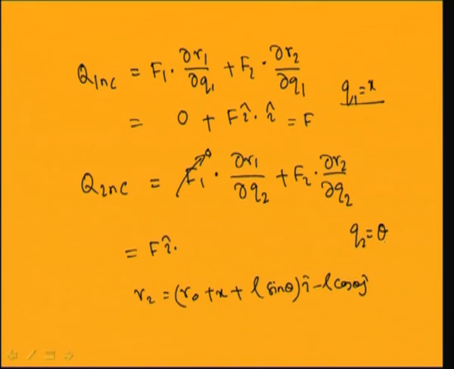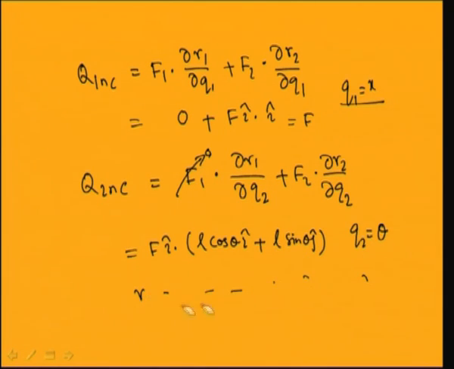Differentiating with respect to theta, the first two terms give 0, and L sin theta differentiates to L cos theta, so this gives L cos theta i, and minus minus plus, L sin theta j. From this, i dot j equal to 0 and i dot i equal to 1, so this becomes F L cos theta.